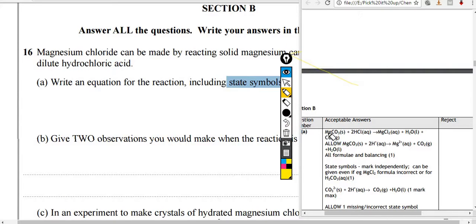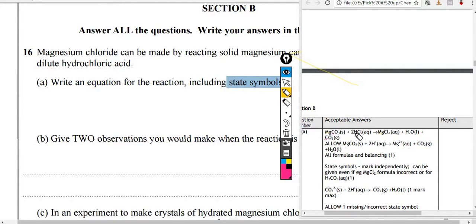You have one magnesium atom on this side of the arrow and one magnesium atom on the other side. So with magnesium you are okay. Then count the carbon atoms. You have one carbon atom on this side, and one here. So with carbon also you are okay.